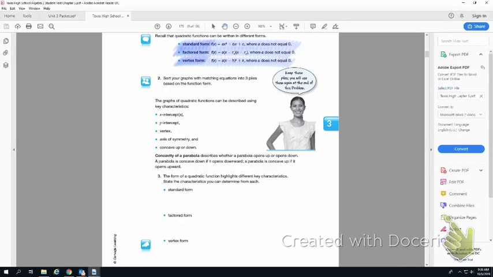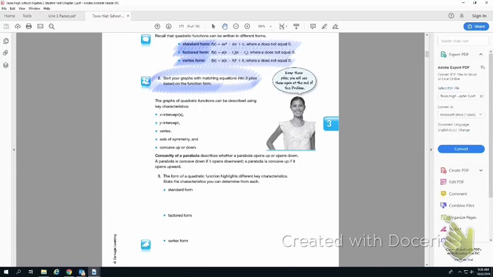Is there a set of parentheses in standard form? No. If you go down to factored form, I've got two sets of parentheses, neither one is being squared. I go to vertex form, I have one set of parentheses and it's being squared. So you need to know just by looking at them which form you're looking at.